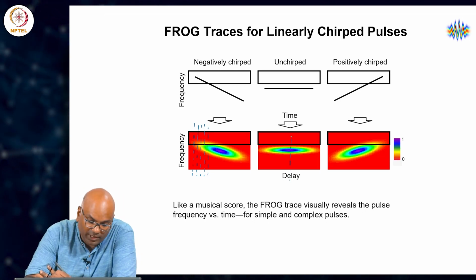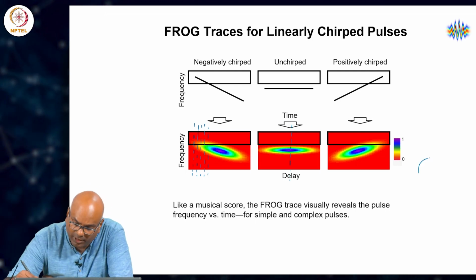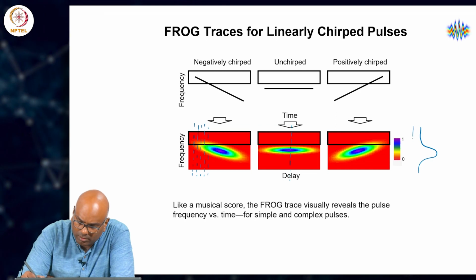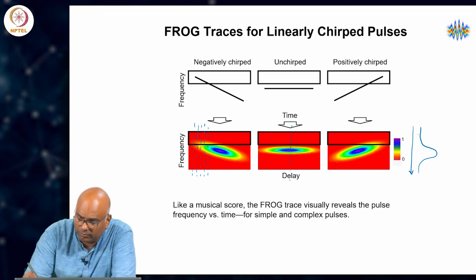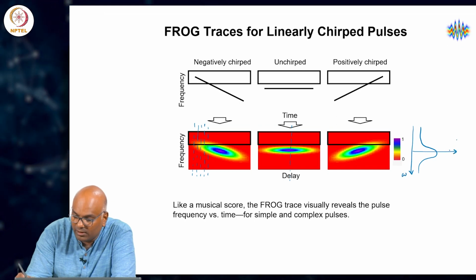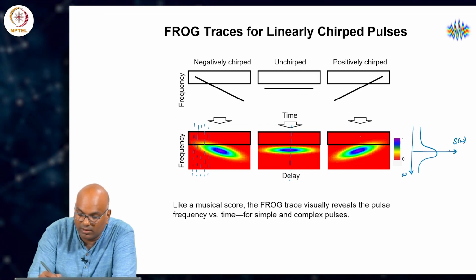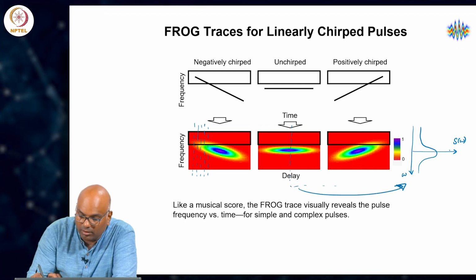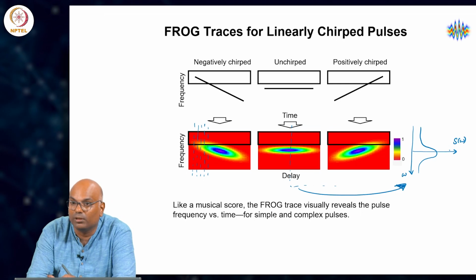For example, if I take a delay cut like this, the spectrum would have been something like this. This is the omega axis, this is the S of omega axis. So, I have just taken a line cut over here.